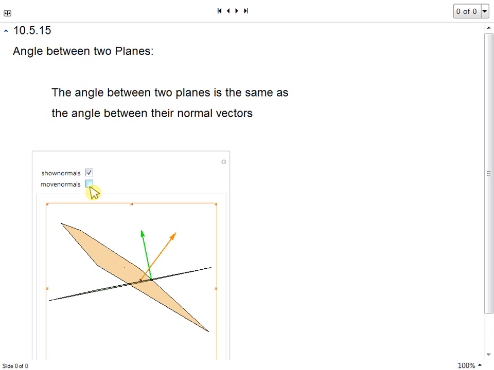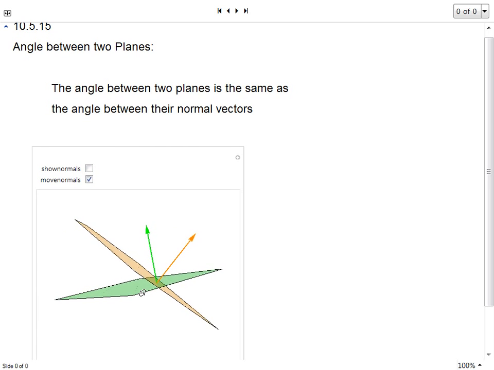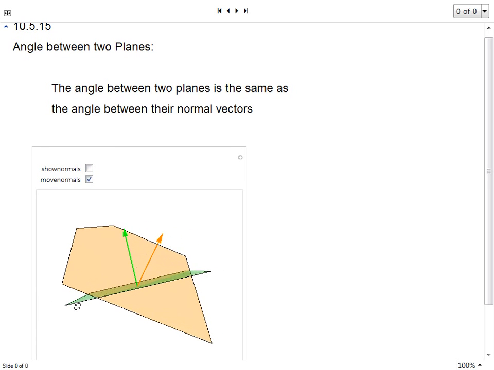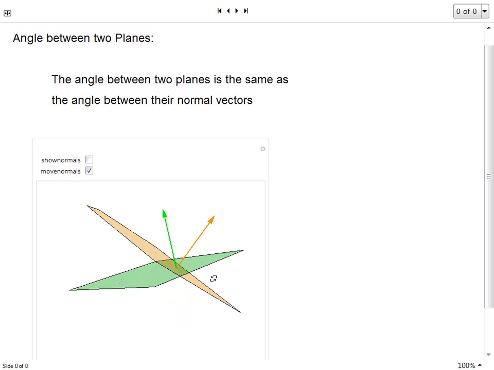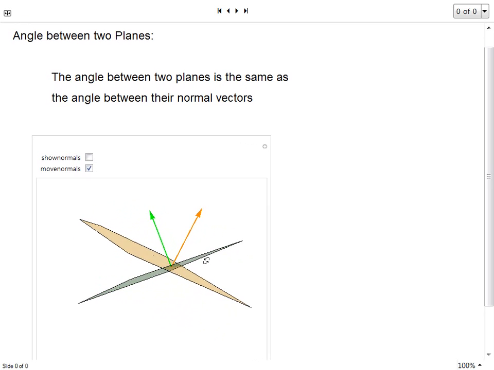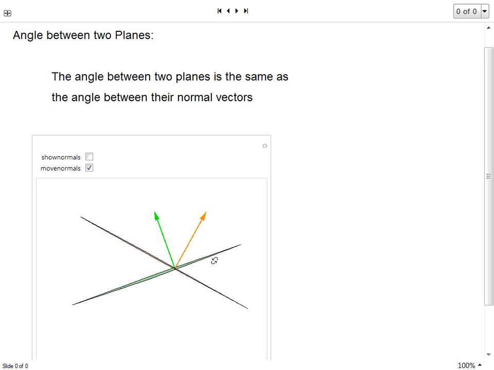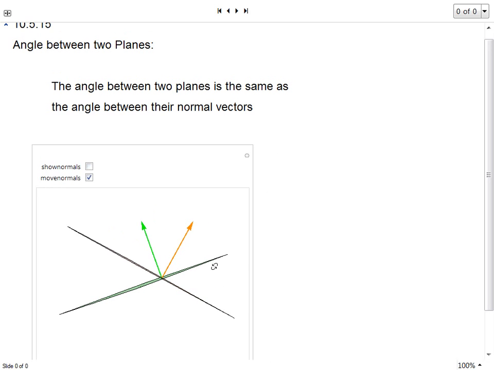I can slide those normals together, and hopefully you can convince yourself. That's as good as I'm going to get it, but the angle between these normals is the same as the angle between the planes. So it's just a visual thing.